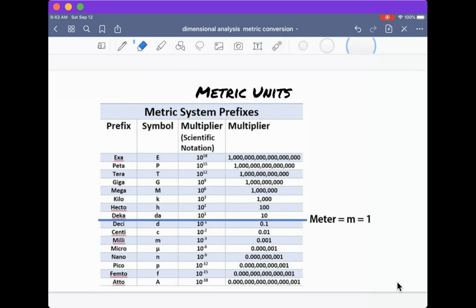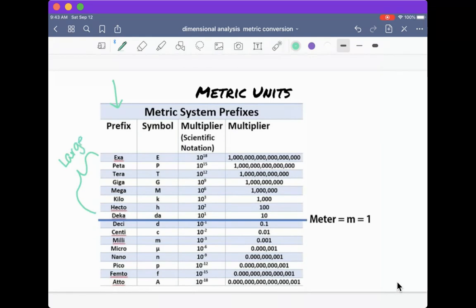One of the things you'll find on the metric unit chart is the prefix column. The prefix column is going to be the one that tells you, is it a large number or is it a smaller unit? It is always divided, with the top half being your larger prefix units.